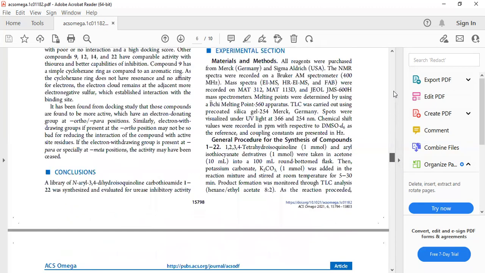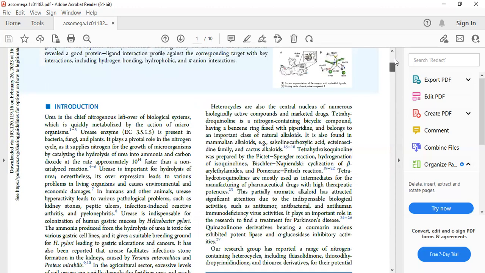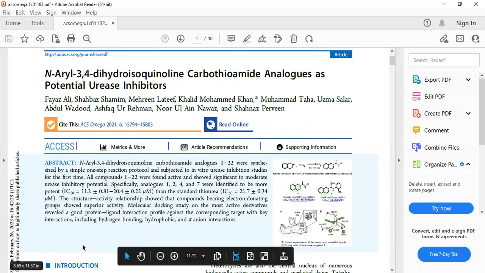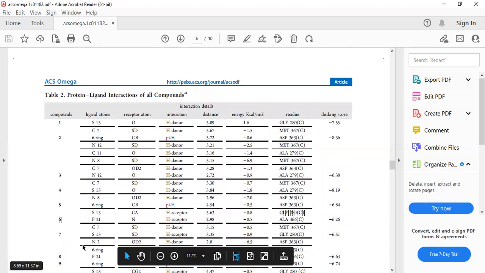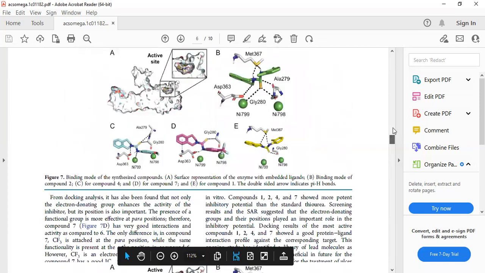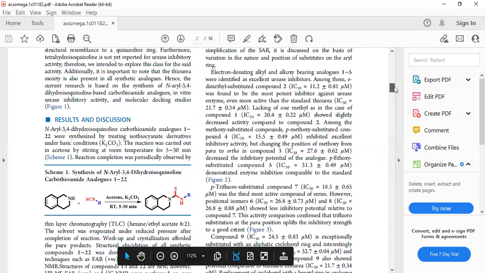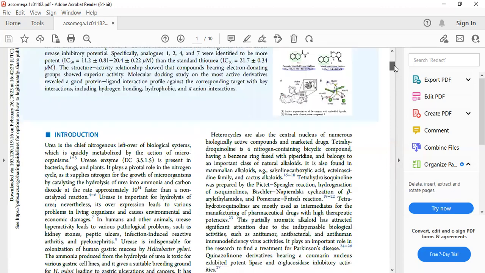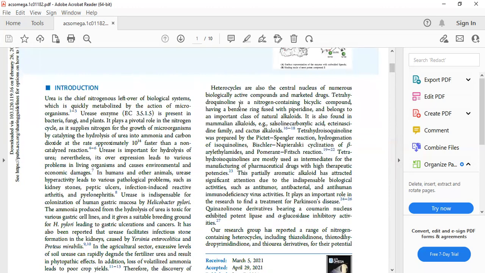If you are interested in the synthetic portion, which is the NRL 3,4-dihydroxycarbonyl carbothiamide analogs, in the introduction portion you write about heterocyclics, because acetylcholine is a heterocyclic compound.